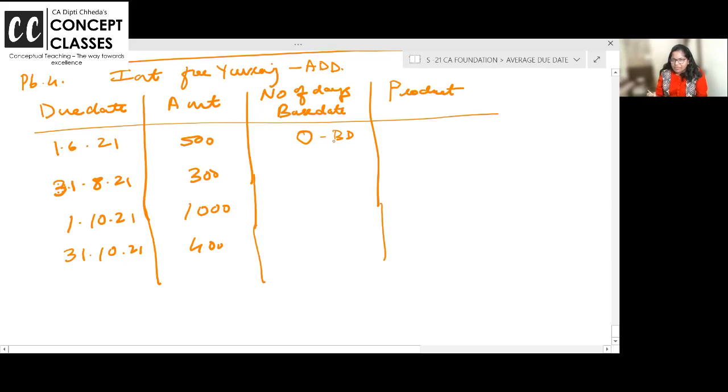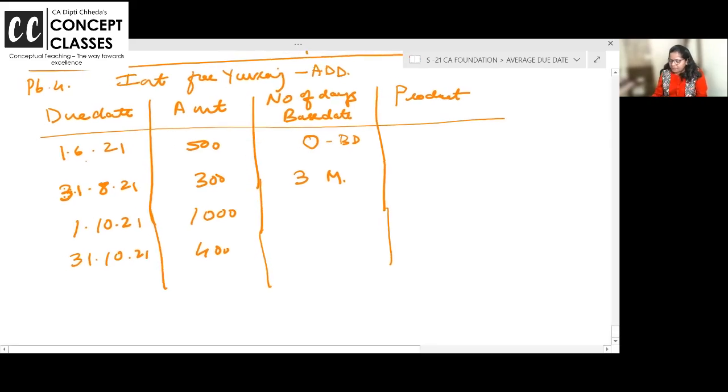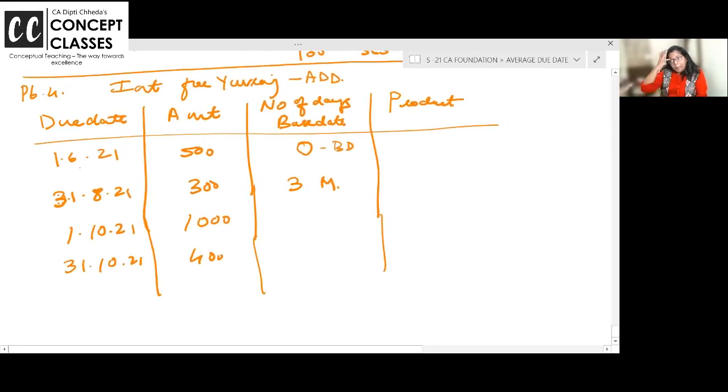You will take number of days. June, July, August, 3 months. I am calculating number of days from the base date till the due date in months. June to October.